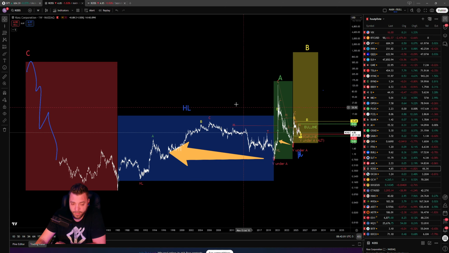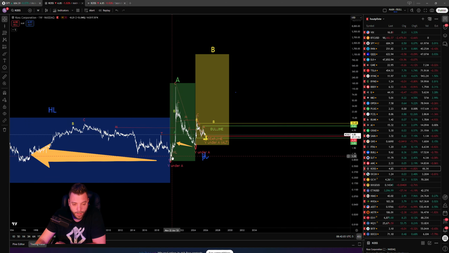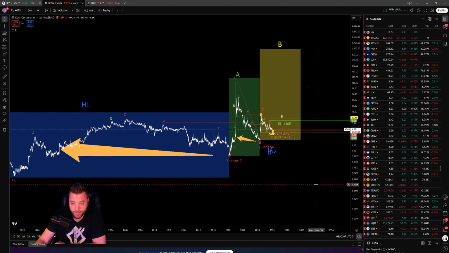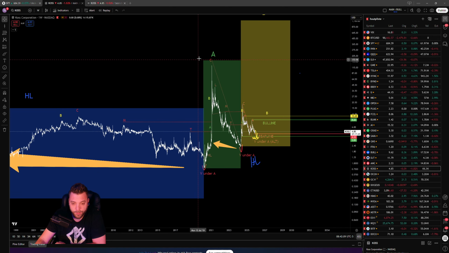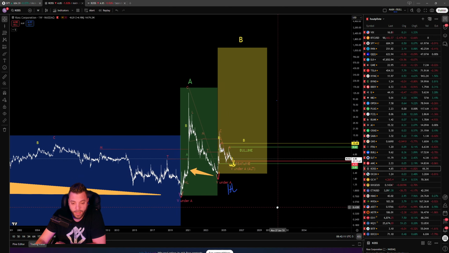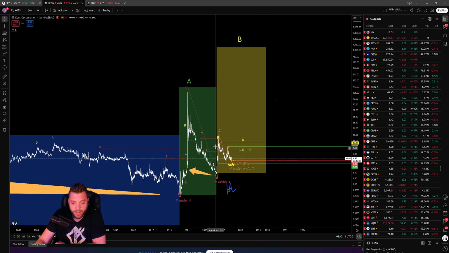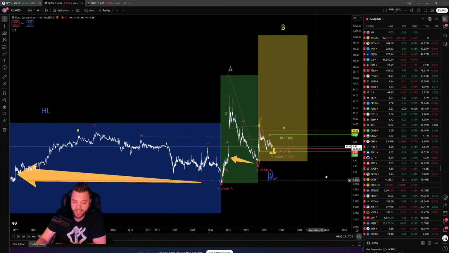It's a massive, massive ticker. From January 2020 till April 2024, this was just our big A. And right now, we're still in the start for our B.